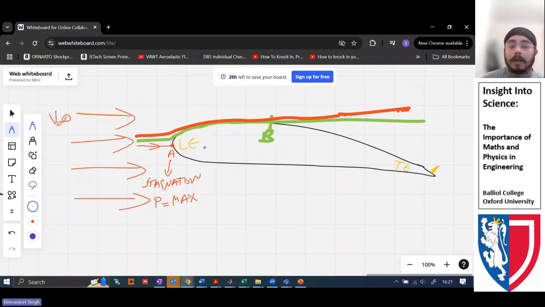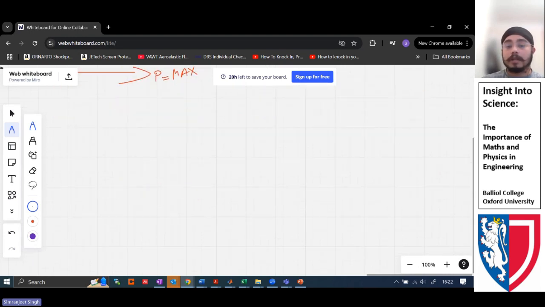We will pick up a very tiny portion of it and see what is happening from here till here. For example, this airfoil has a curve. In order to simplify things when we model, we would consider something that is quite flat.